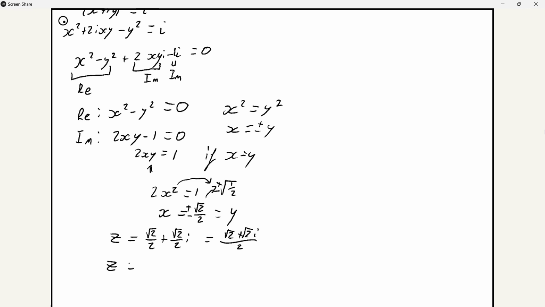Then subbing in the negative value for x and y, we get the exact same thing, but with negatives. So we have a big negative in front of this fraction at the end to get negative root 2 plus root 2i all over 2. So that is complex numbers.